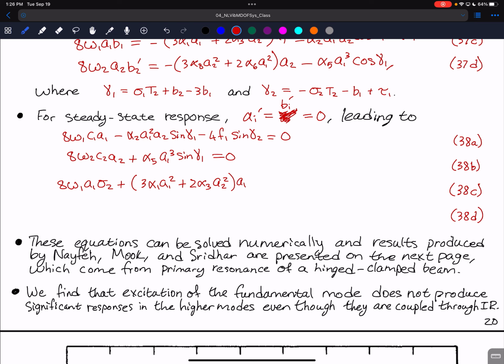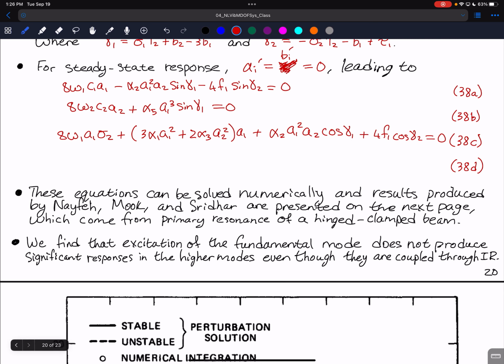All of that multiplied by A1 plus the quantity alpha 2 A1 squared A2 times the cosine of gamma 1 plus 4 F1 times the cosine gamma 2, and that's all equal to 0.